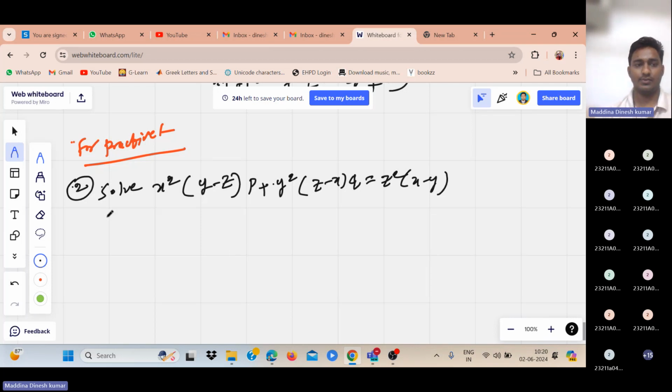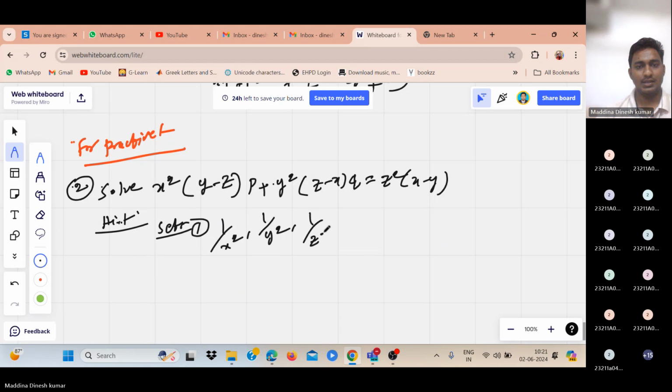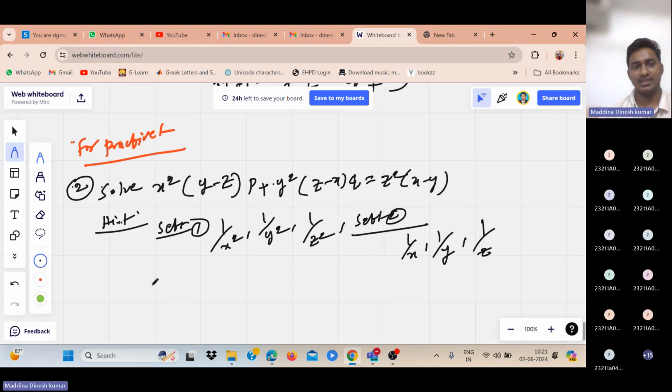Hint: for this, set 1 multipliers are 1 by x square, comma 1 by y square, comma 1 by z square. Set 2 multipliers are 1 by x, comma 1 by y, comma 1 by z.